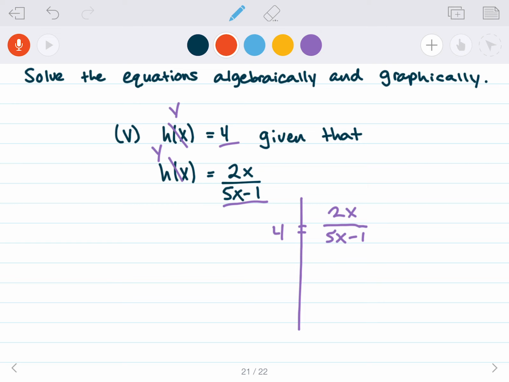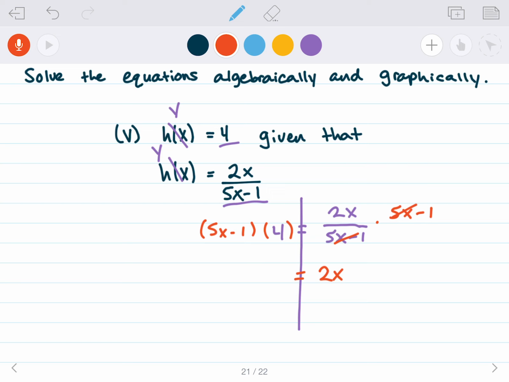If we had a denominator of 3, to clear the denominator, we would multiply both sides by 3. Well, here, to clear the denominator on the right side, I'm just going to multiply both sides by 5x minus 1. And on the right side, those are going to clear, right? That was the point of that. And I'm just left with 2x.